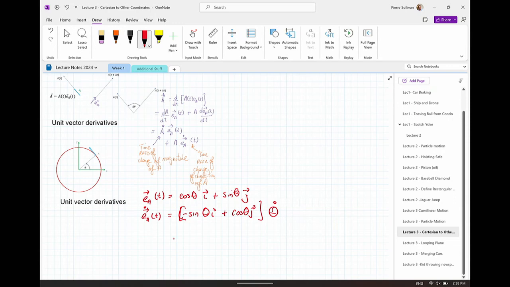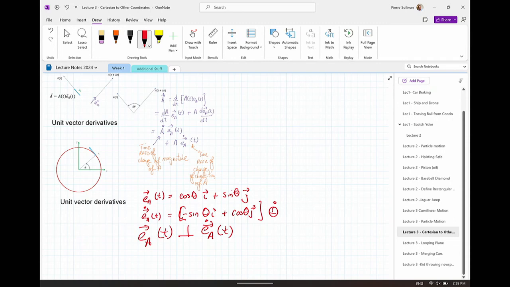And what I get from that is that E A is perpendicular to E A dot. And that's going to be the important relationship in terms of looking at these unit vectors.